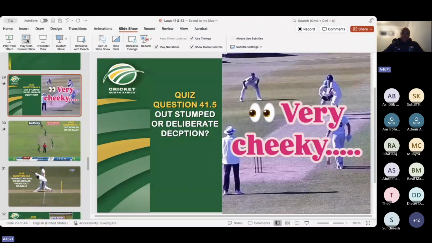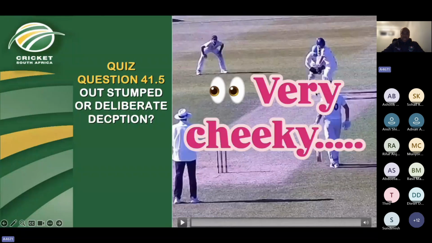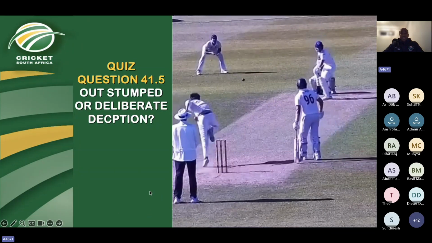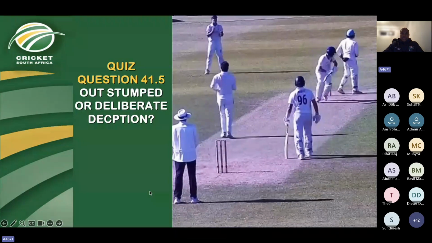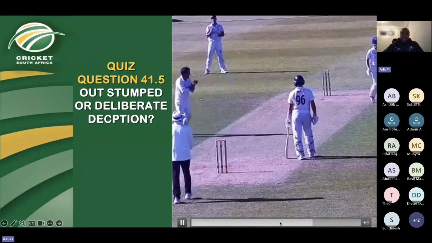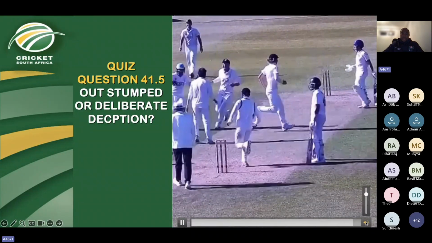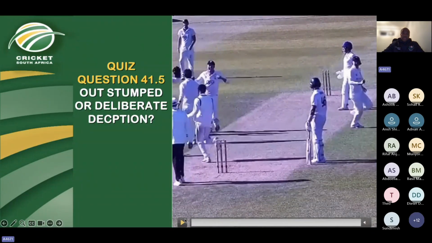And I'm going to play it with music first because the music is quite cheeky. It actually suits exactly what has happened. So I'll play it again without the music and I'll talk you through it.